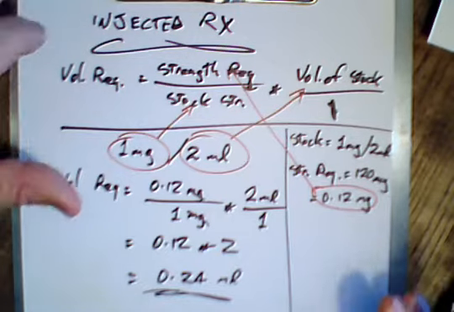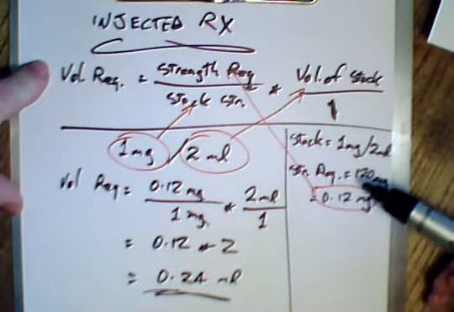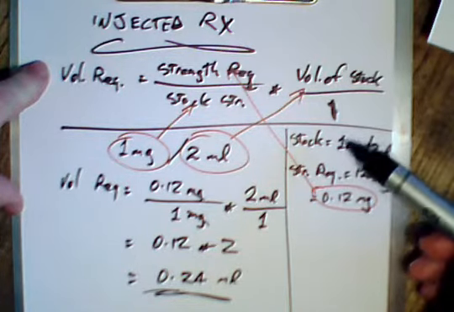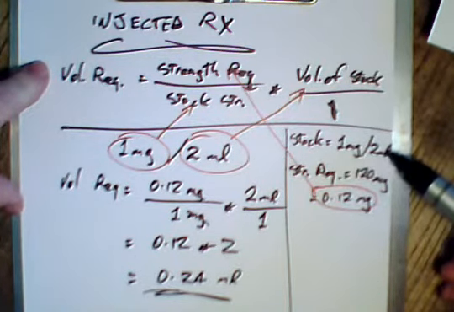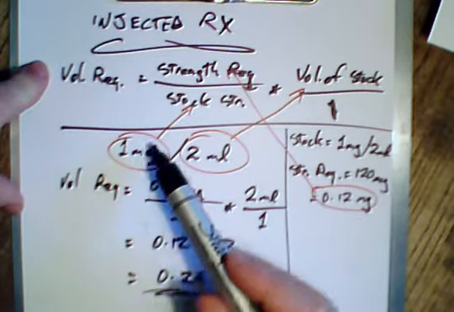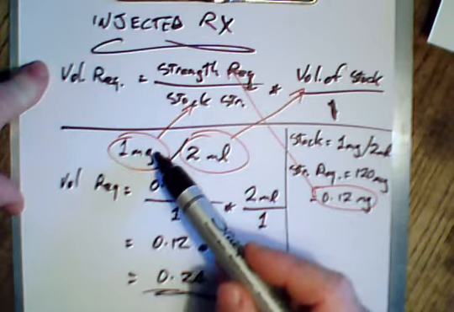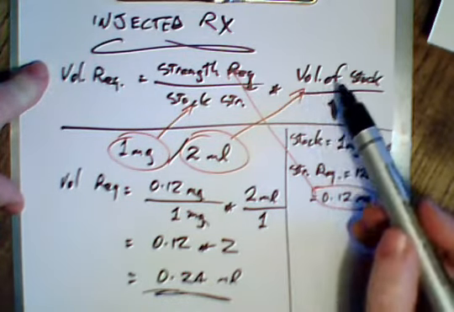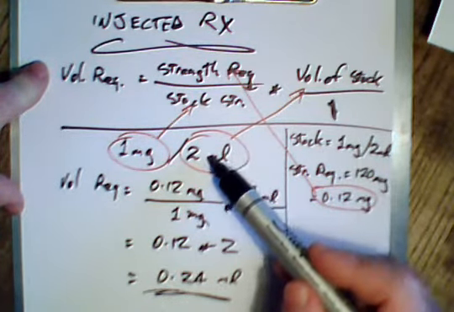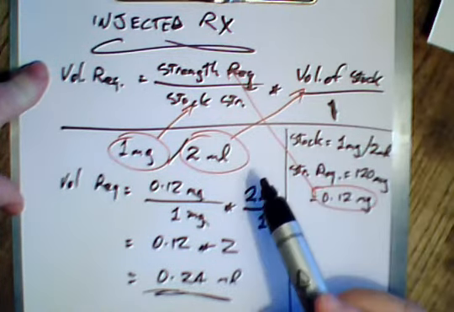Okay, so there's our basics. We have our ratios here. The stock is 1 milligram per 2 milliliters. So 1 milligram is the stock strength. That's how much of the material is in it. The volume of the stock is 2 milliliters, that is how much volume there is in it.